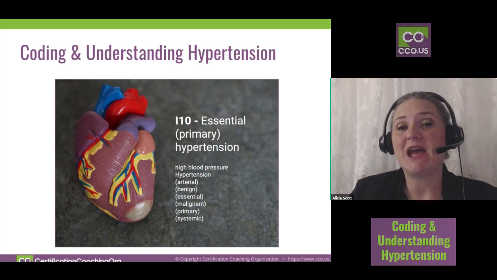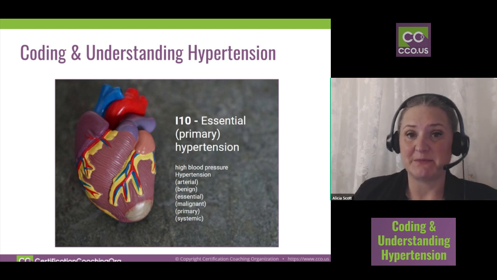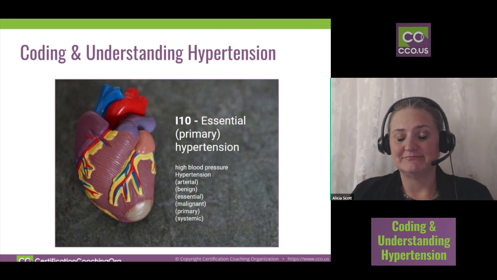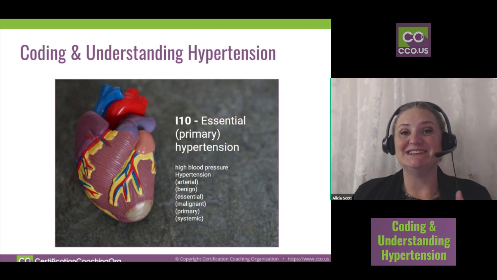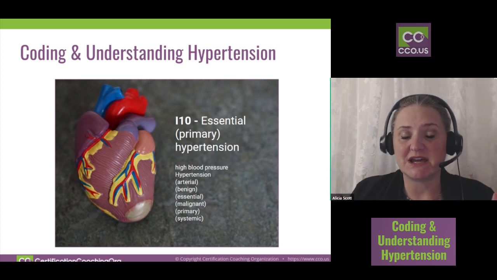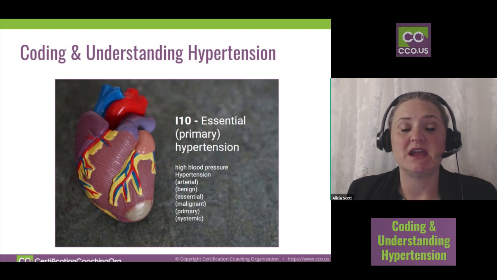In the past, when we had ICD-9, we had different codes for some of these. But when ICD-10 came, they pulled all of those together. Ultimately, we have more diversity in ICD-10, but what they did is they separated out some of the other types of hypertension, and we will talk about those today.